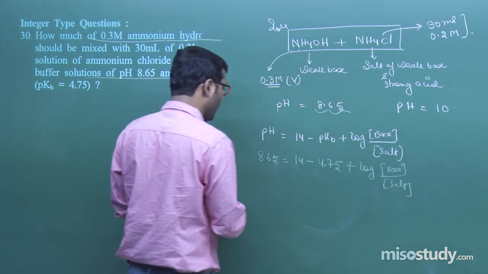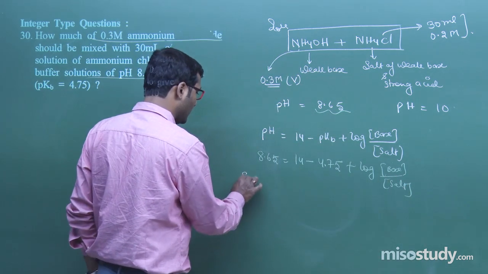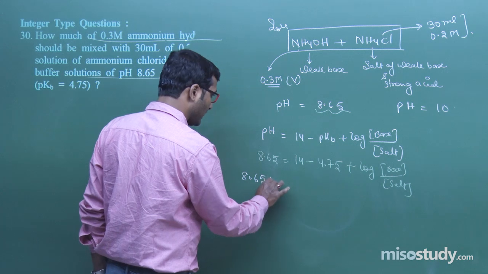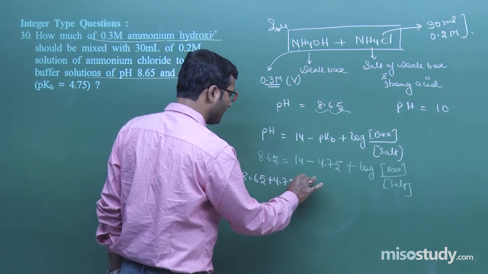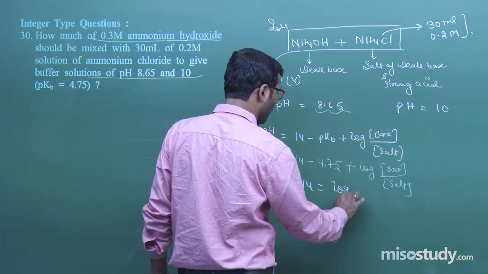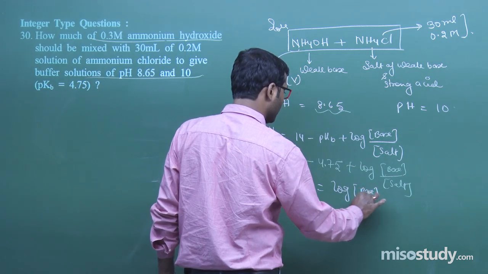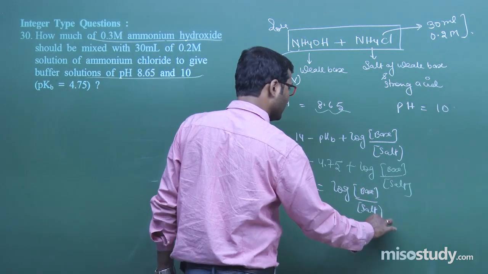Now solve here: 8.65 plus 4.75 minus 14 is equal to log of base upon salt. Is it clear?